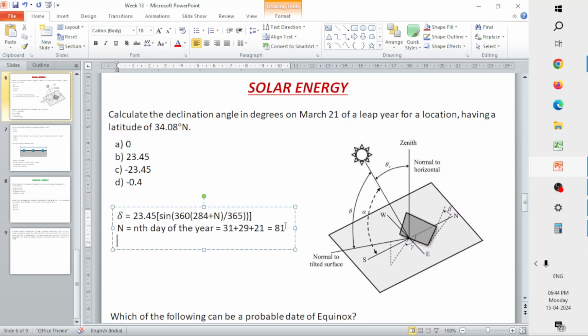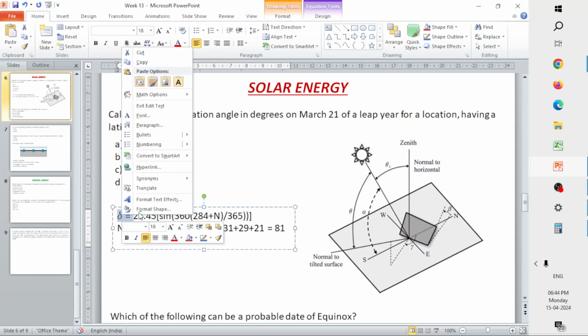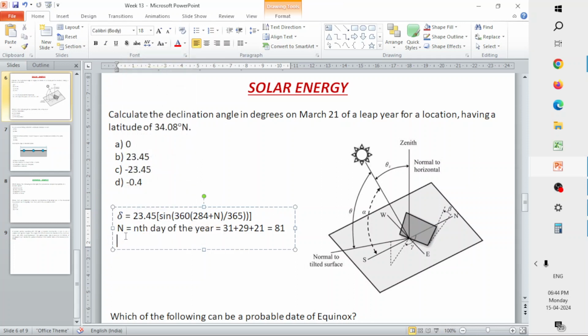Now that you know the value of n, you can calculate the value of delta. Delta is 23.45 times sine of 360 times (284 plus 81) divided by 365.